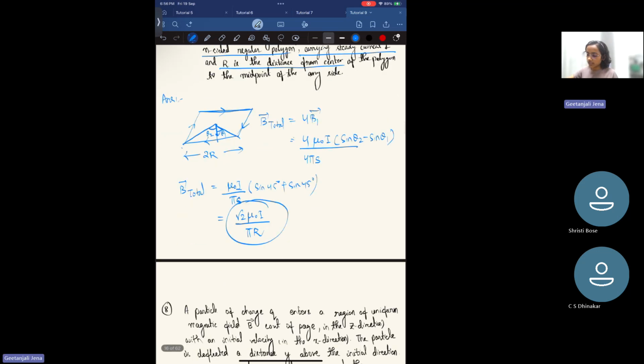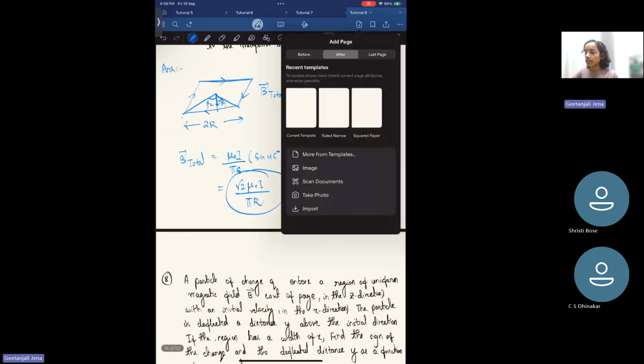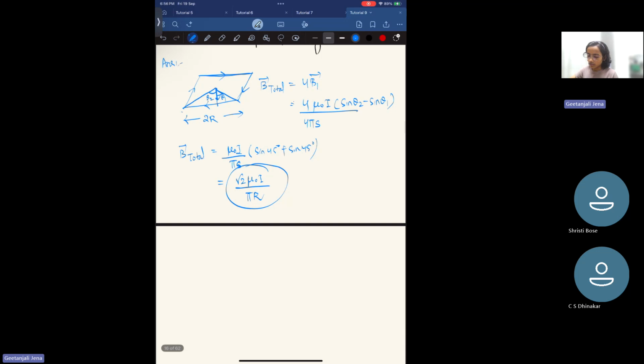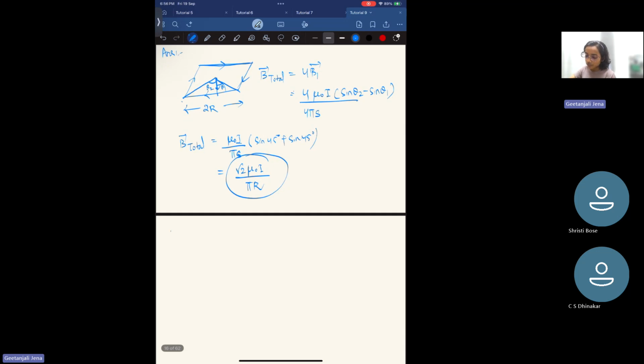So this is also quite easy. You just need to find out the angle. Because this is an n-sided polygon, the angle made by each side, theta, should be pi by n, right?